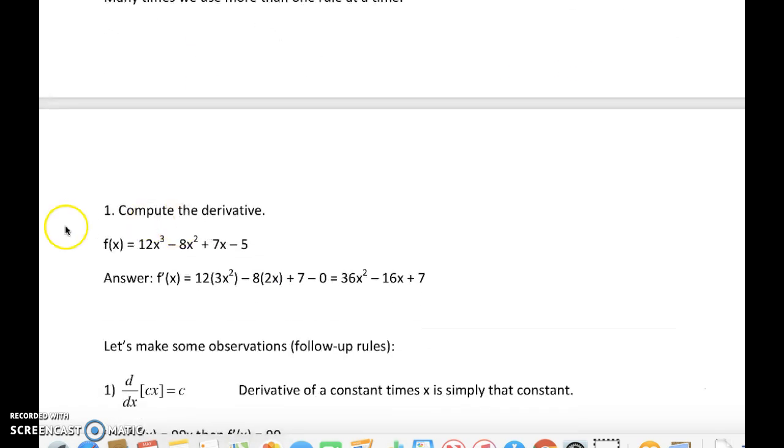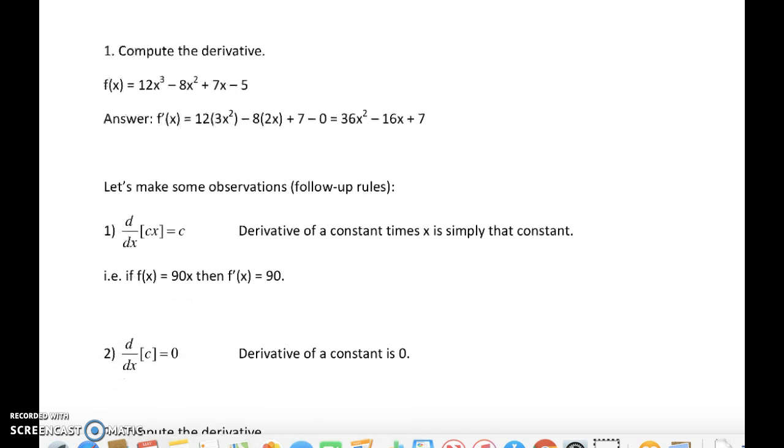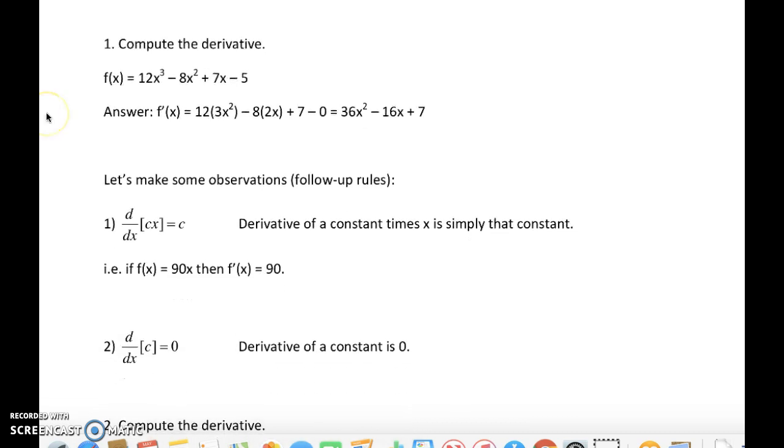All right. So here I want to compute the derivative of a polynomial function. f of x is equal to 12x cubed minus 8x squared plus 7x minus 5. And because these are all plus or minus, we can use our sum and difference rule and take the derivative of each piece separately.